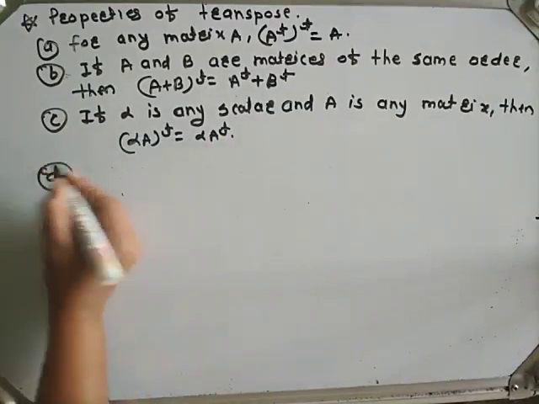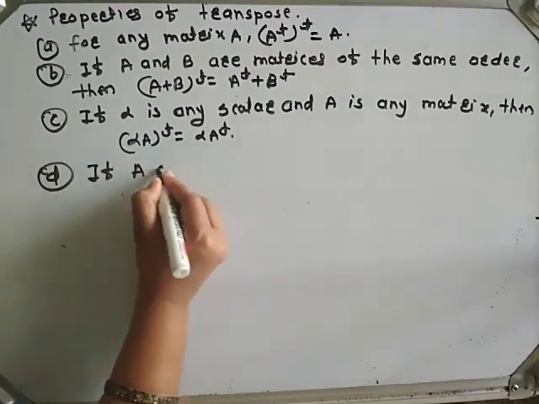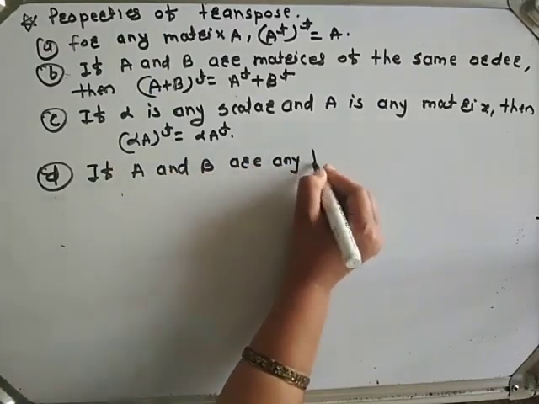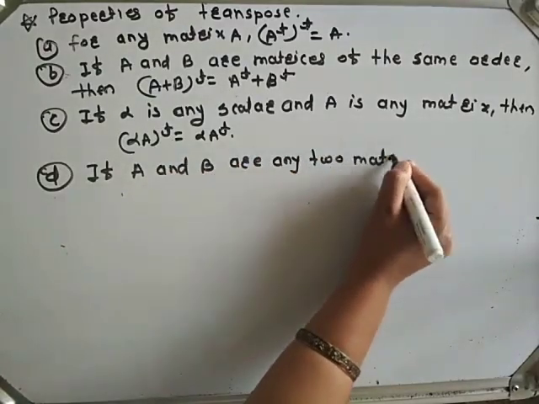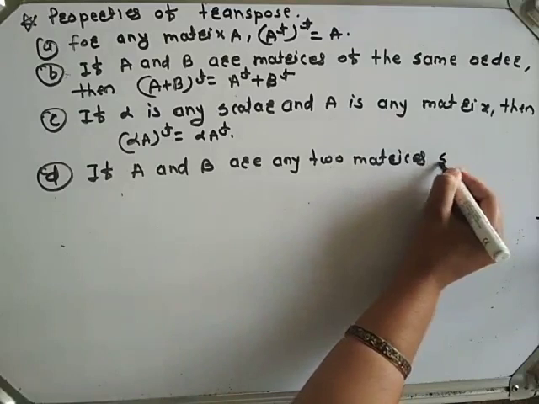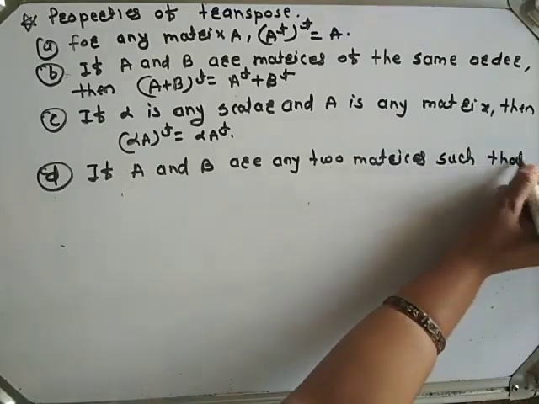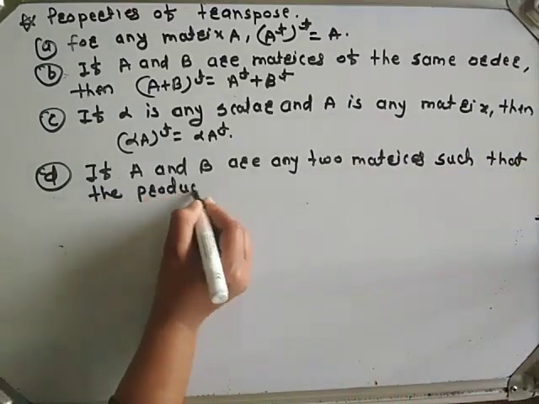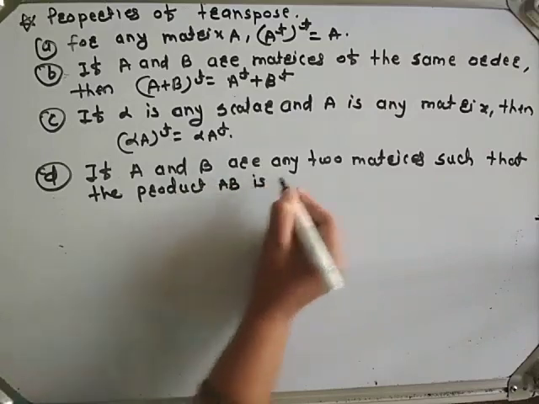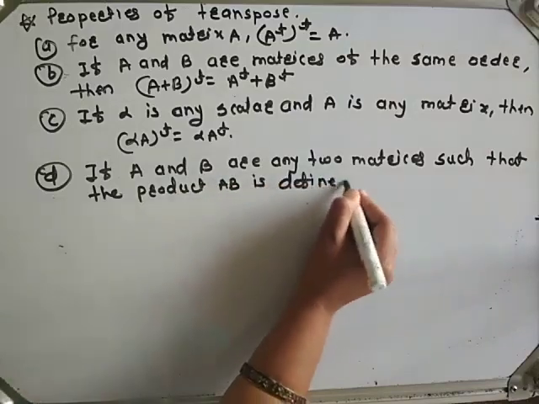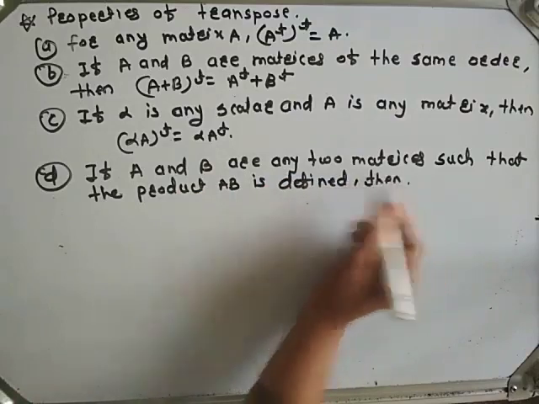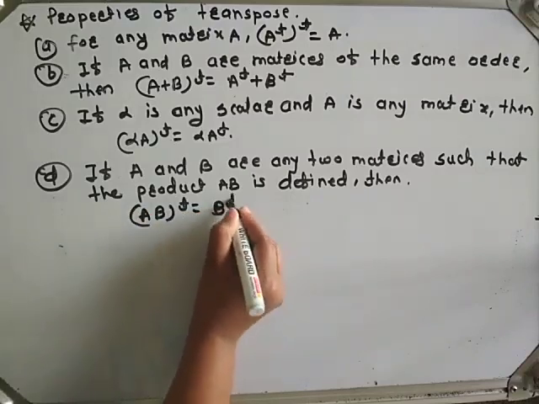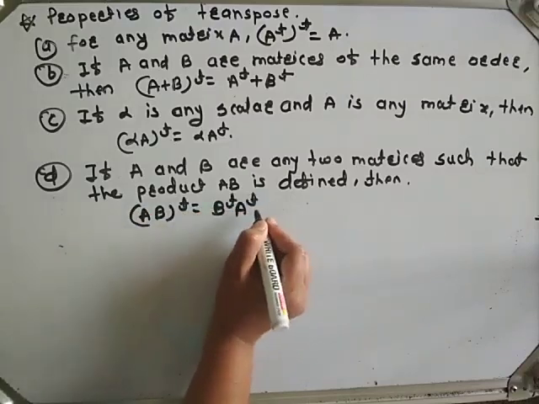And last property D, if A and B are any two matrices such that the product AB is defined, then (A into B) transpose is equal to B transpose into A transpose.